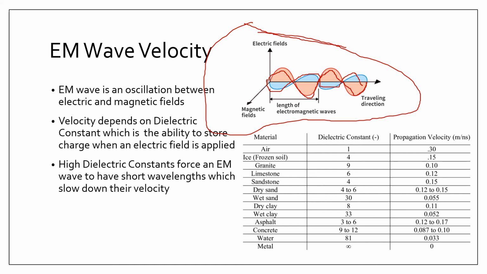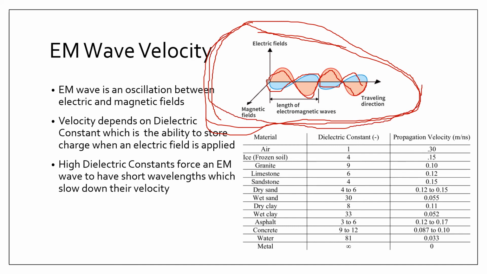I am a noob in physics, but at least I can tell you that this property of EM waves makes it especially susceptible to materials which are conductive and have a high dielectric constant.